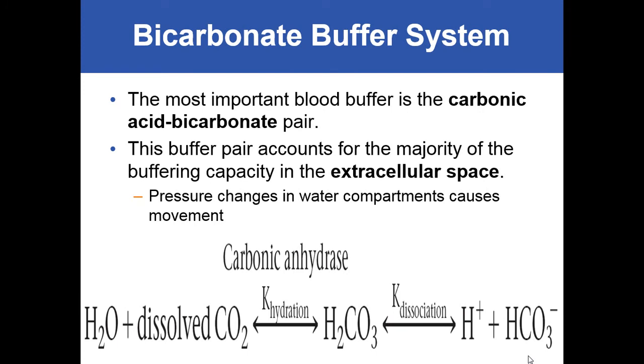So it's in the bloodstream, but it goes in and out throughout the body, through all of the extracellular spaces and on into the cells. And we're talking about pressure changes. This is showing you how CO2 forms the carbonic acid and then dissociates again. The same thing that we just talked about.